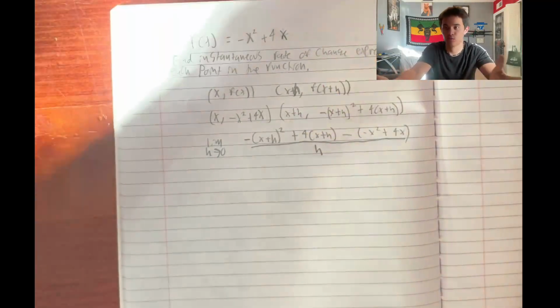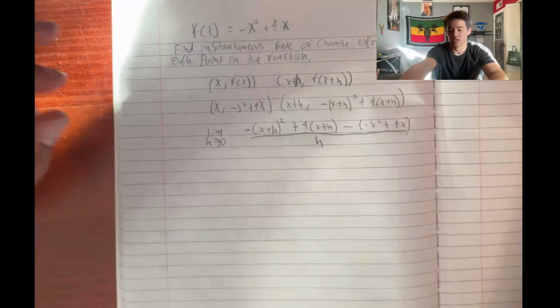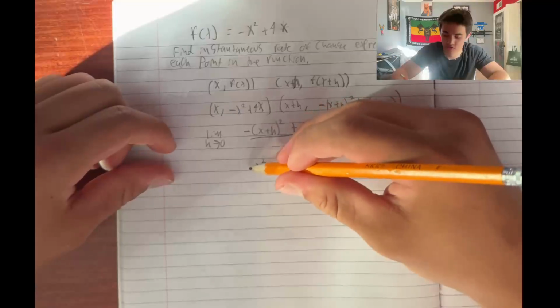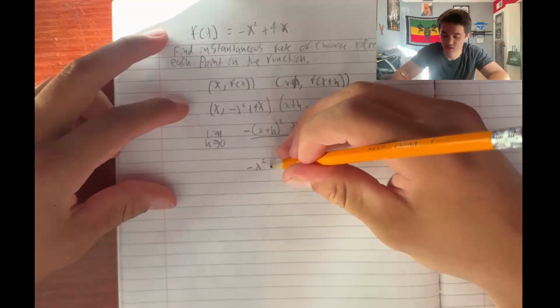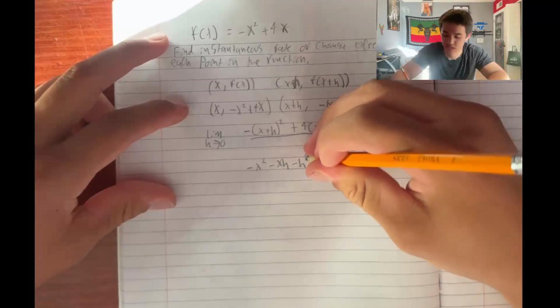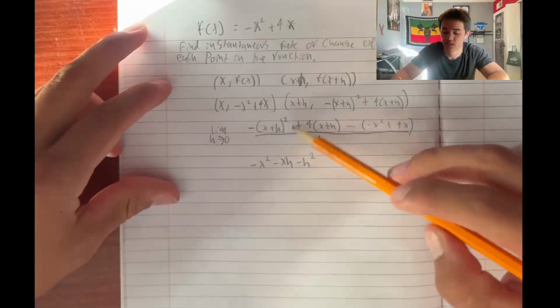So now we have to blow it up, unsimplify everything, and spread everything out. I still don't know what it's called, but you guys know what I mean by now. So negative x squared minus xh minus xh minus h squared, which is the spread out version of x plus h squared.